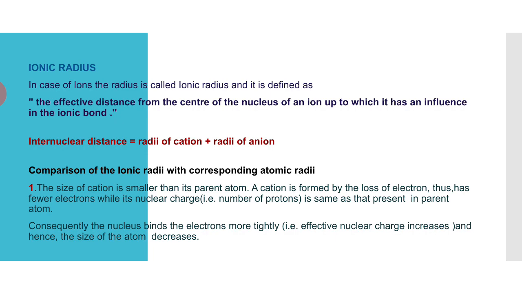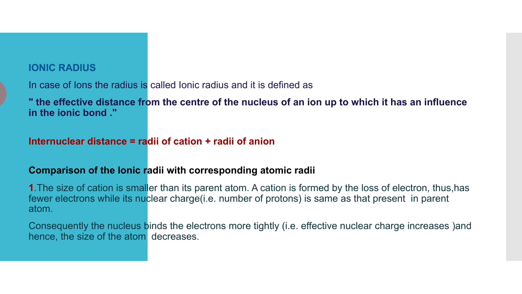Internuclear distance is equal to the radius of the cation plus the radius of the anion.